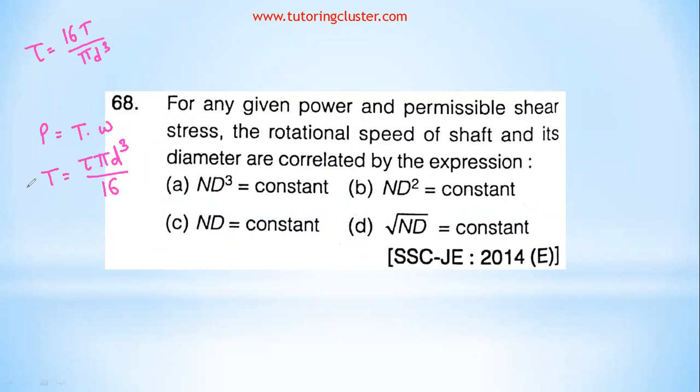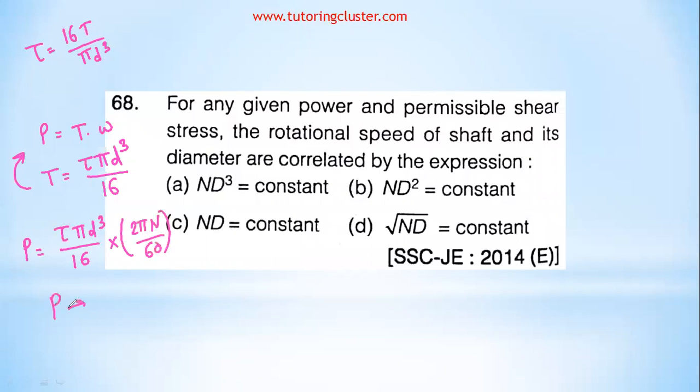Or we can simply put it here. They have asked you N and D. So power is equal to tau pi d cube upon 16 into 2 pi N upon 60.